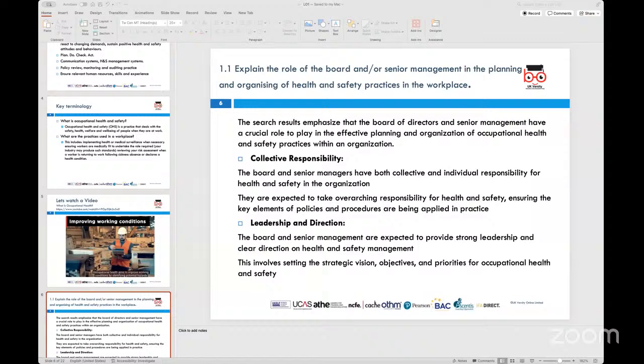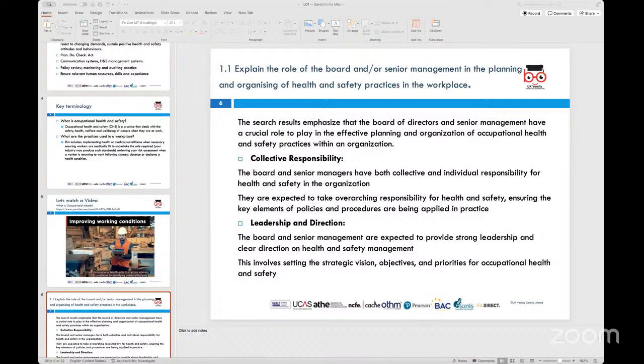So when we look at the responsibility of the board or the senior management, what we are looking at is their role to be able to arrange effective planning, control, and monitoring of health and safety measures within a workplace.